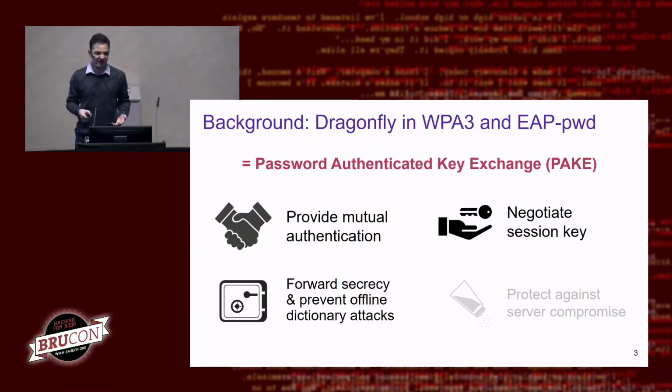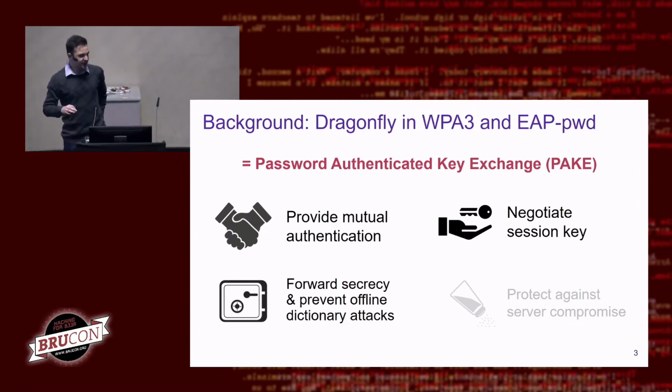Basically, the way you have to imagine this is that with some PAKEs, you can store the password in a salted version. But with WPA3, that is not the case. With WPA3, both the access point, the router, and the client need to store a plain text version of the password, which means if your router or a client is compromised, the adversary will learn the plain text password.